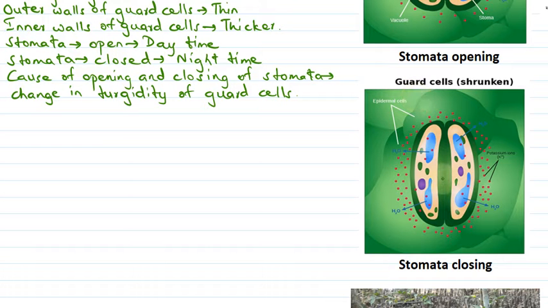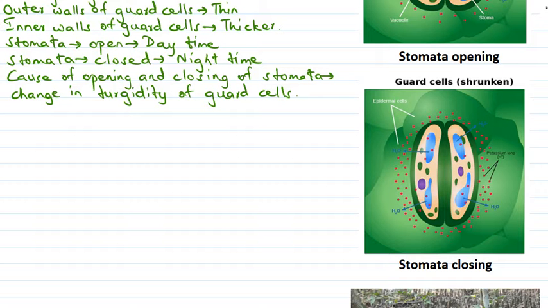Here we can see due to the loss of water from the guard cells they are becoming flaccid, and due to this the inner walls straighten. We can see this is the inner wall, it is being straightened. Okay, and hence the inner walls are coming closer to each other, and this is leading to the closing of stomata. Okay, so this is how the guard cells work.